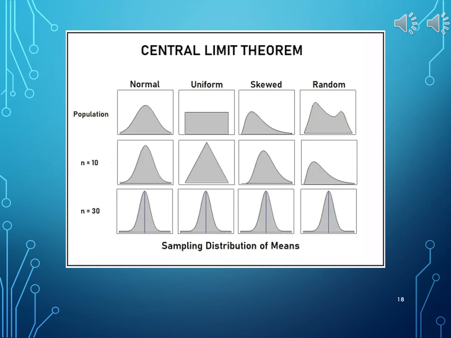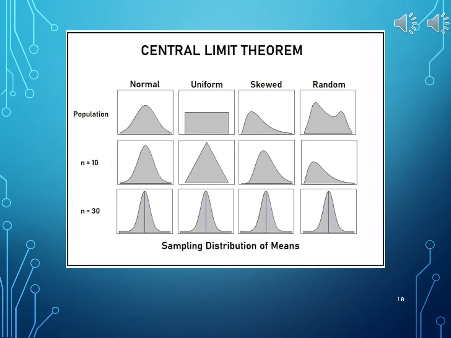But what happens is if you keep taking samples from a population, even if it's not normally distributed, the distribution of means becomes normally distributed as sample sizes tend to increase.